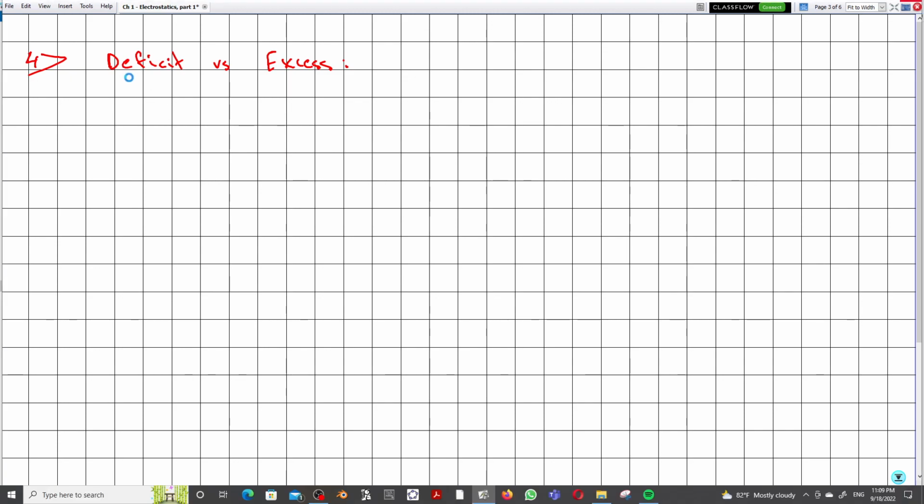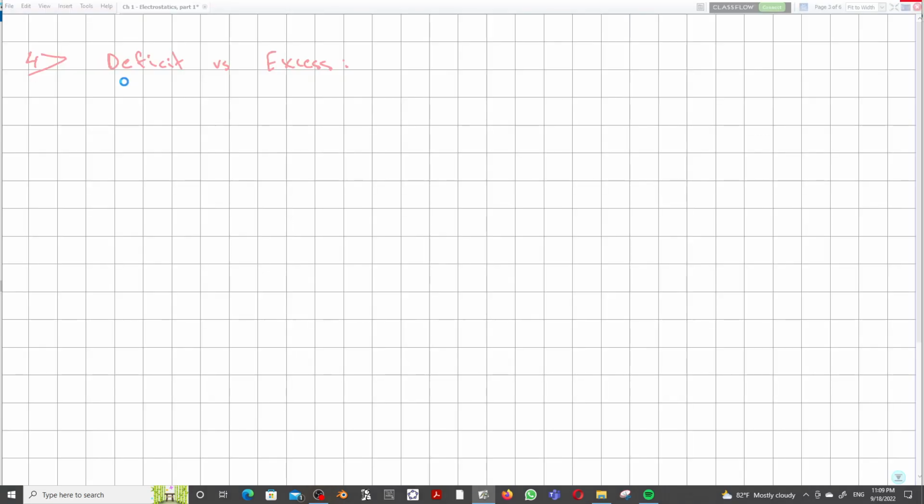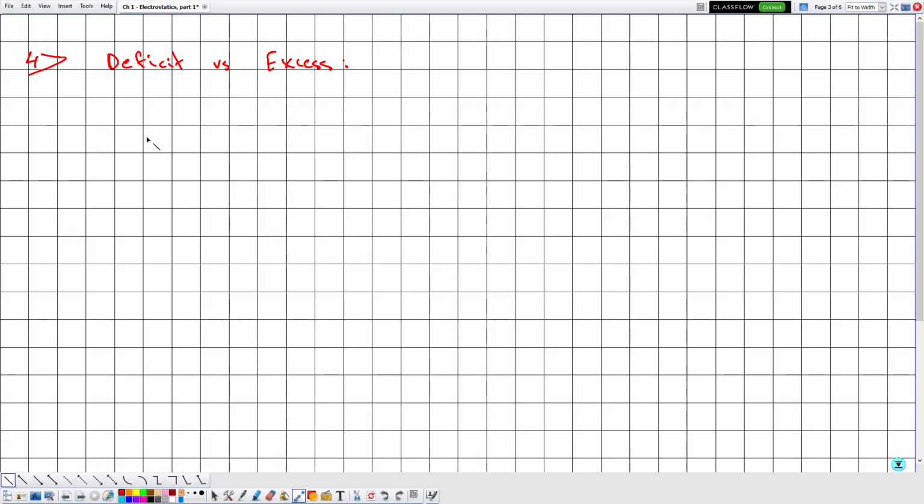Let me explain what is meant by deficit and by excess. By deficit, it means that we have a loss or something that is missing. By excess, it means that we have too much of that thing.